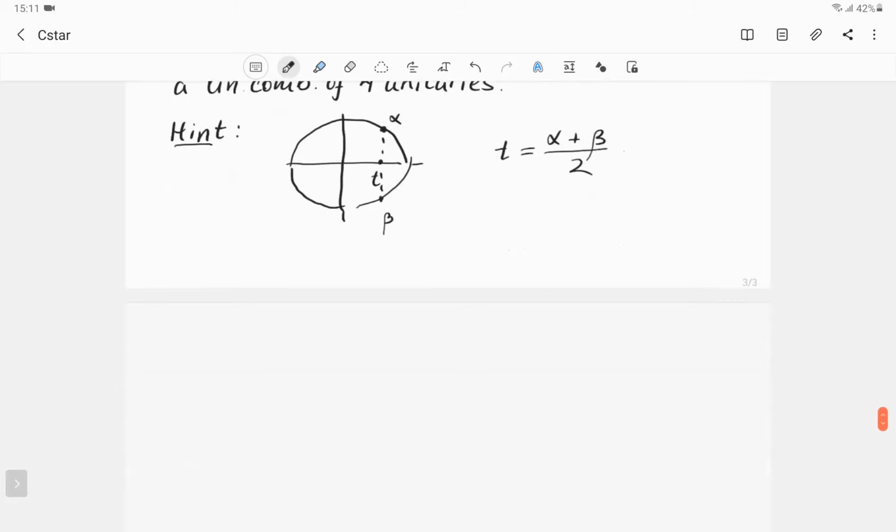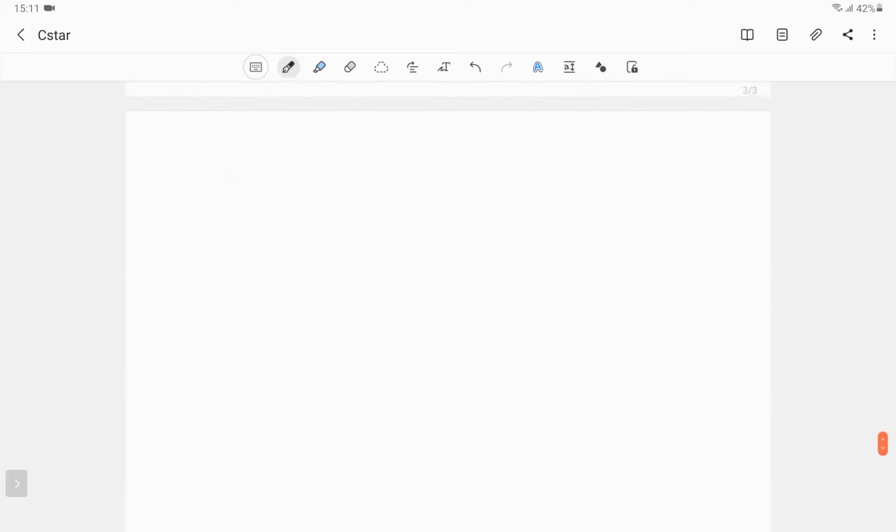Another useful property of positive elements is the following. This is proposition 4.